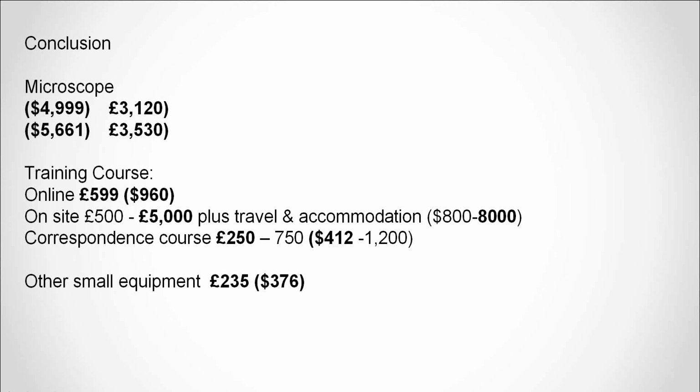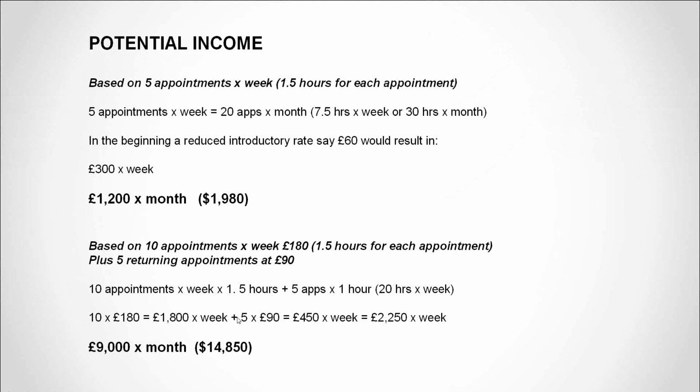So they can cost anything from $500 up to $5,000, which is $800 to $8,000 in dollars. Correspondence courses, now they can cost anything from $250 up to $750, which is $412 to $1,200. And the other small equipment which we went through earlier, $235 to $370, which is $376 in dollars. And also you'll have your premises on top of that.